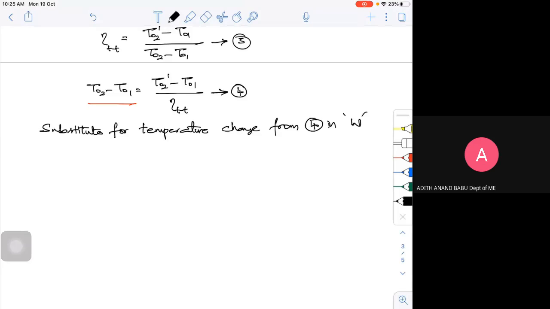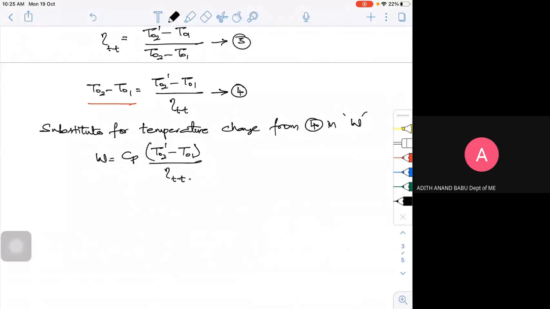So what will happen to your work done expression? Your W is equal to Cp into T naught 2 minus T naught 1. I will write Cp into T naught 2 dash minus T naught 1, divided by your total to total efficiency.